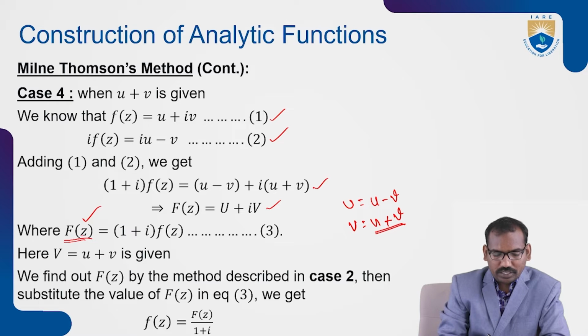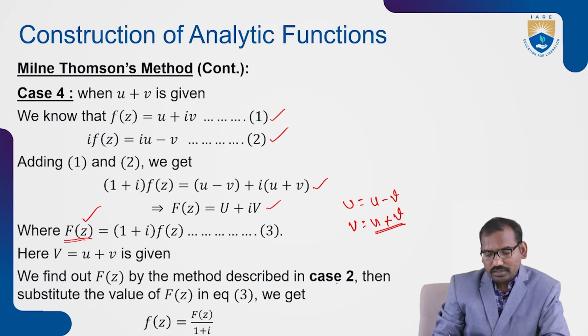Right. So here I am going to assume that I know capital F of Z, and I also know its imaginary part. Now with the help of the Milne-Thomson method, which in case 2 we discussed already, where f of Z has an imaginary part that we know, then we can directly write the analytic function in terms of Z. Similarly, we will use the same procedure.